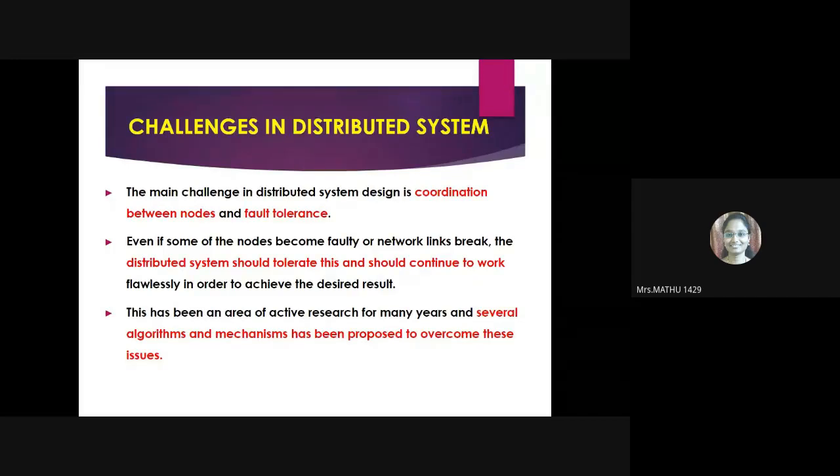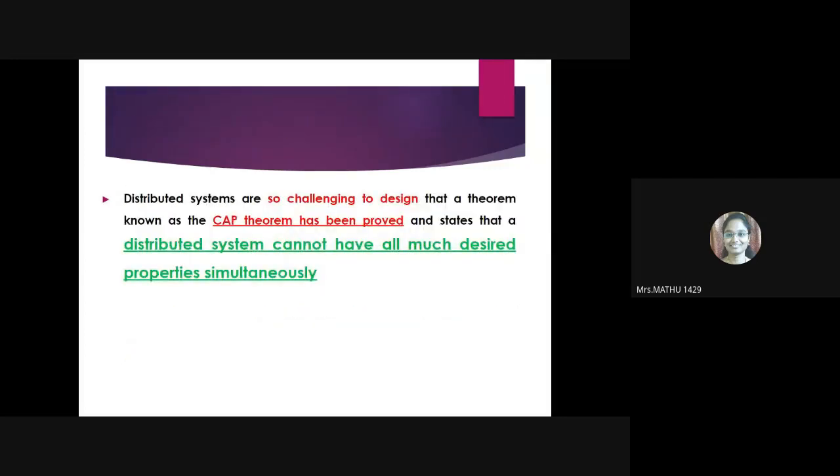To overcome these issues, they are trying to bring out several algorithms and mechanisms to bring in a proper distributed system. But they say it is not easy to design such a distributed system without any fault, and it is so challenging.